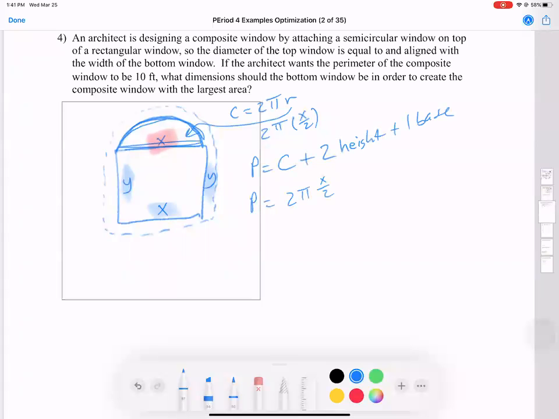Let's simplify that because the 2's divide out. So it just becomes pi x, plus 2 heights, which is 2y, plus 1 extra x as the base.